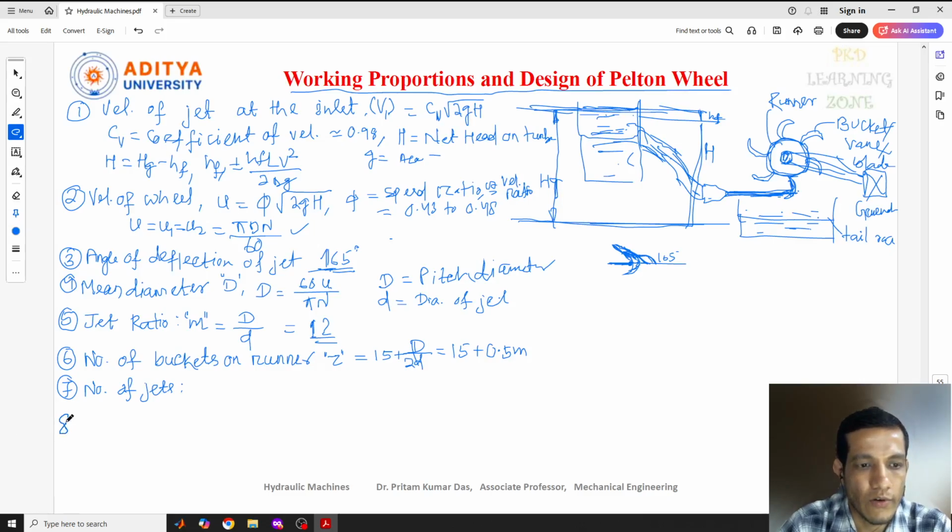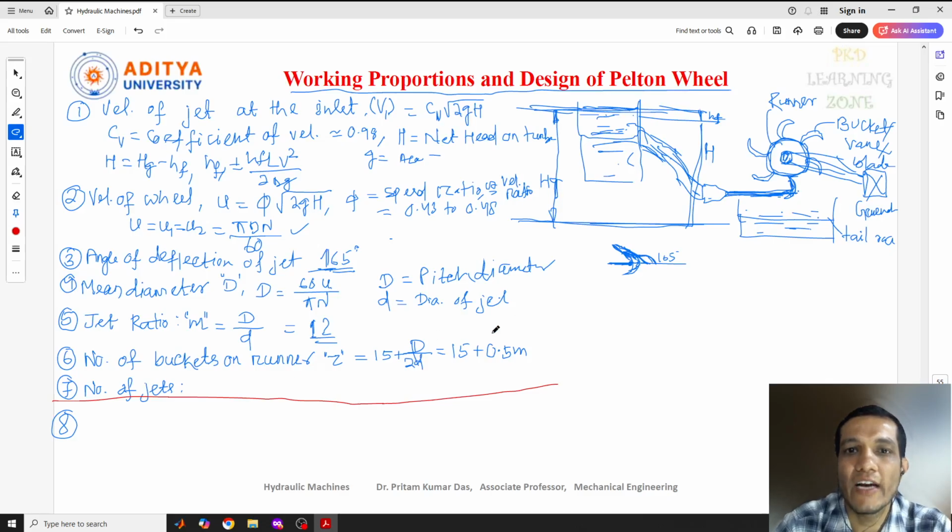So for the design of Pelton wheel or Pelton turbine, we need to determine some terminologies. What are the terminologies to design the Pelton wheel?